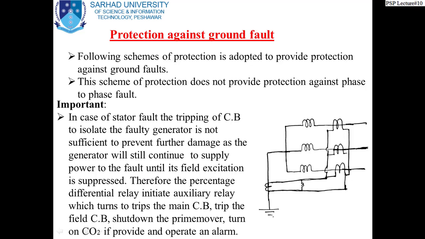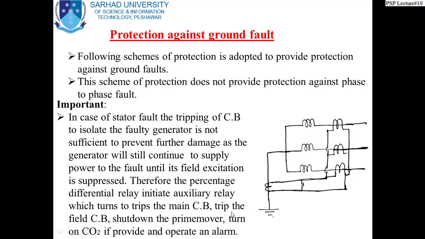Until its field excitation is stopped. Therefore, the percentage differential relay initiates an auxiliary relay, which in turn trips the main circuit breaker, trips the field circuit breaker, shuts down the prime mover, turns on carbon dioxide gas if provided, and operates an alarm.